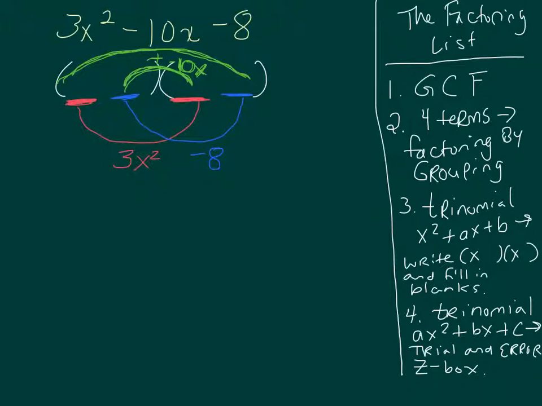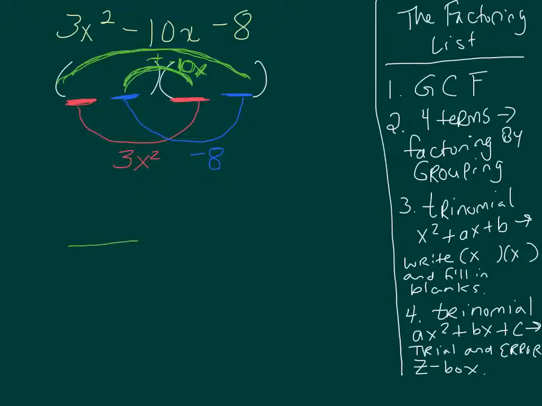That's confusing. You're confused by that, I'm sure, because I'm confused by that. So we're going to do trial and error. We're going to just pick and choose, but we're going to use a way of writing it down that makes it a little bit easier, and that's the z-box.